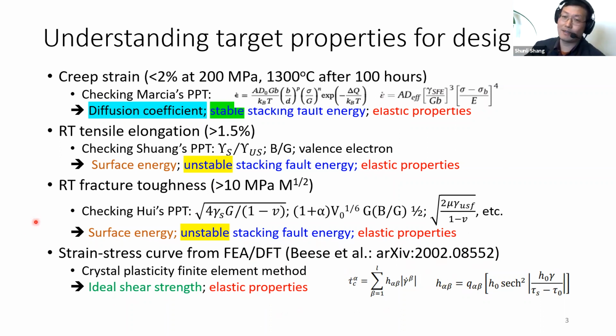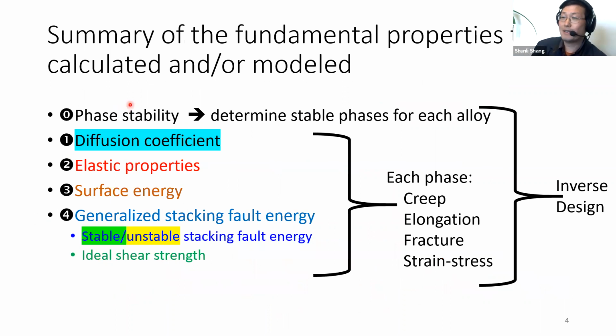Then we summarize. We can see the fundamental properties in our work include the following 5. The first one is not today's major focus: phase stability. Based on this property, it is the free energy that determines the stable phase for each alloy.